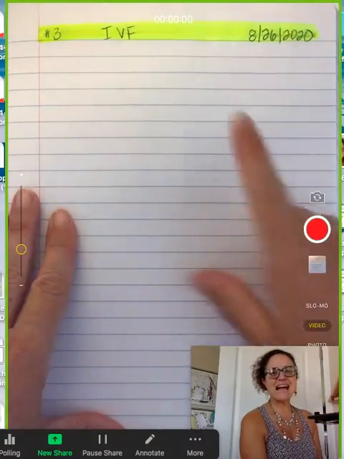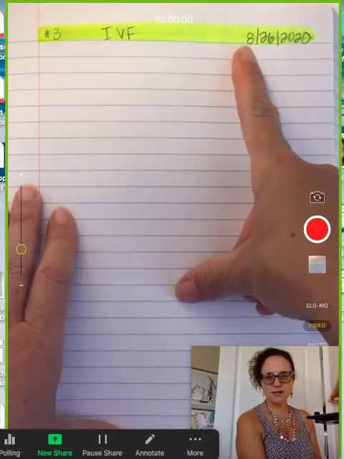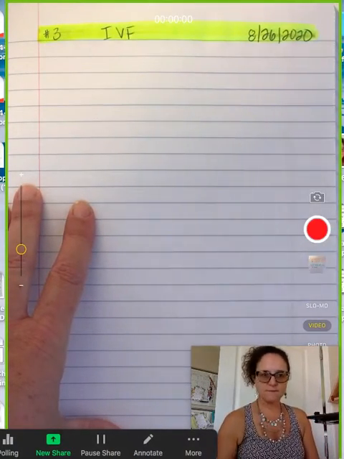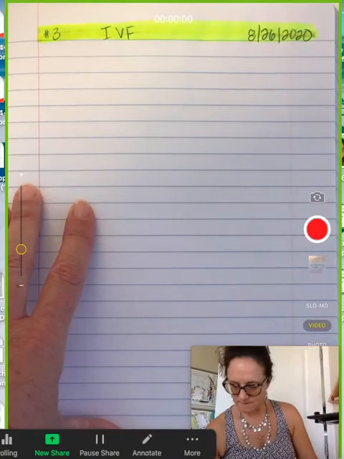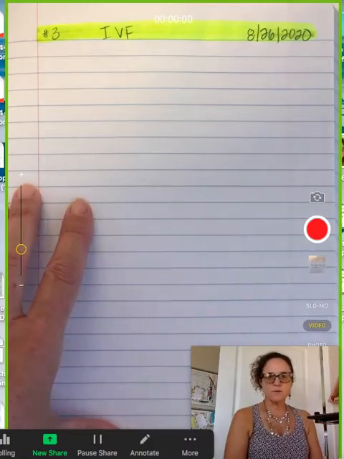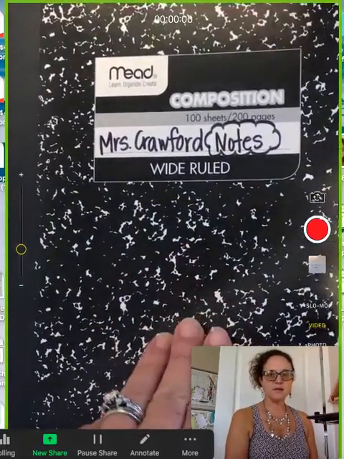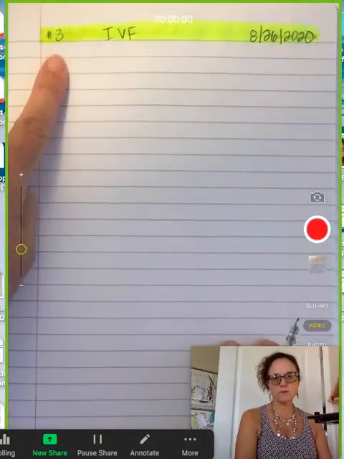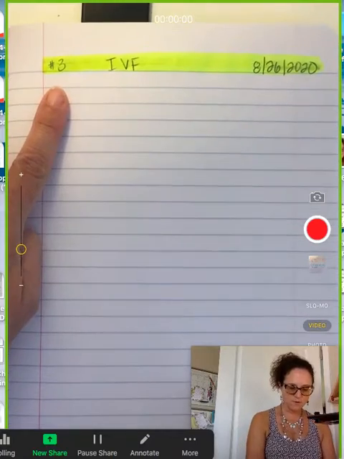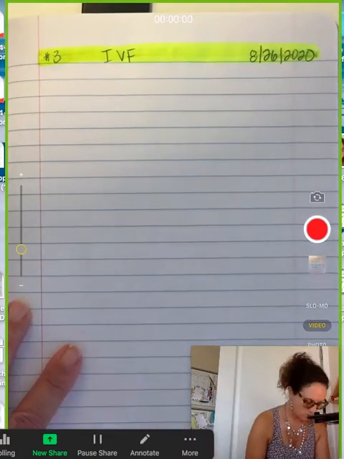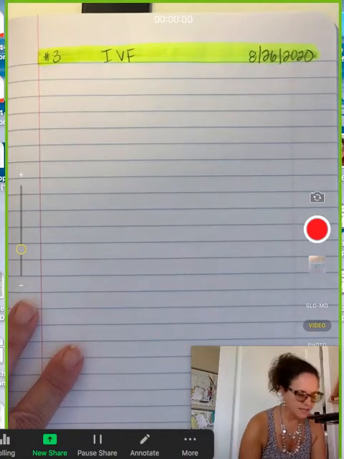So this is exactly what I wrote on my table of contents for any of you who came a little late. So Lucas, we're putting a new entry in our writer's notebook on the note side. We added it to our table of contents, and this is exactly what we wrote. Number 3, IVF. Okay, so why are we even writing about this?